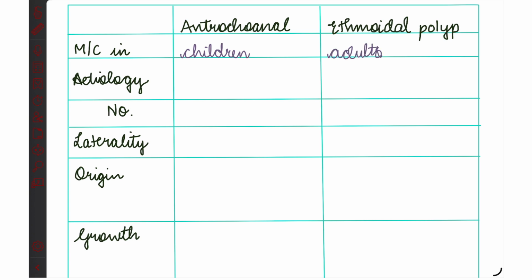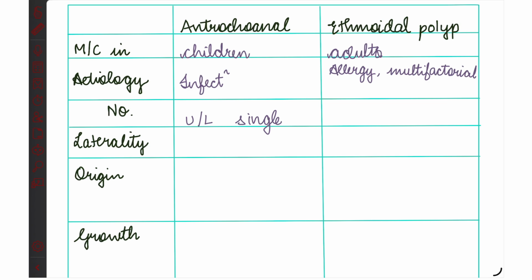Etiology for antrochoanal polyp is infection, whereas ethmoidal polyps are associated with either allergy or they are multifactorial. Antrochoanal polyps are usually unilateral, single in number, whereas ethmoidal polyps are usually multiple.